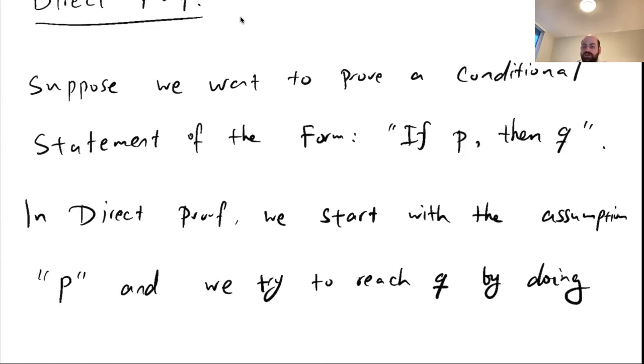Now in the middle, what should we do? Well, that depends on the context. Sometimes we have to do some type of calculation. Sometimes we have to do some type of reasoning or use definitions, for example. That depends on whether we are proving a statement in calculus, analysis, algebra, or number theory. So the middle steps depend on the context, but the common property in all direct proofs is that you start with the assumption and you reach the conclusion at the end.